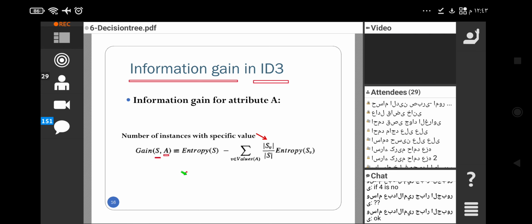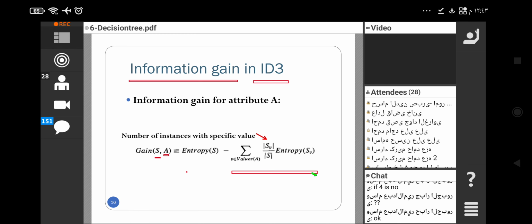As you see, information gain is based on entropy. Information gain is entropy S, entropy of the data, minus this is the entropy of the attribute.